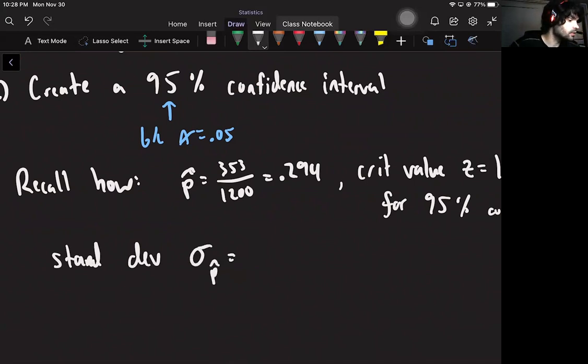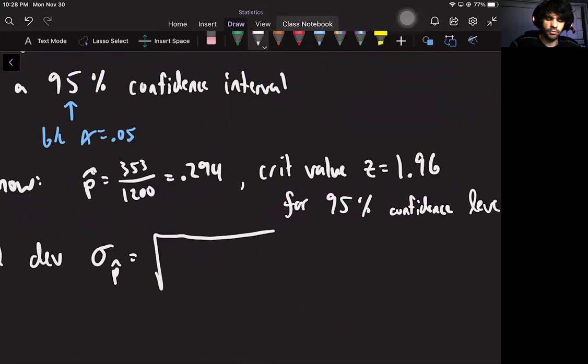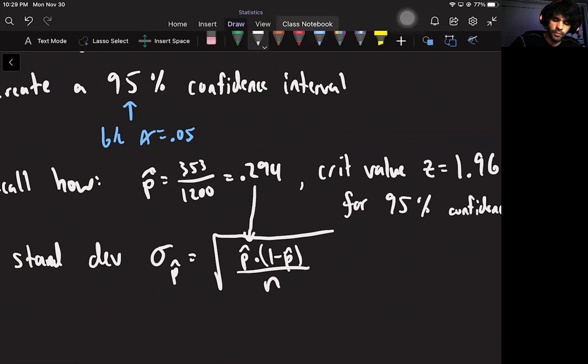Of the sampling distribution. It's a little bit different than before. So when I made confidence intervals before, I used this sample proportion. But remember that I was doing that because in those problems, we didn't know the true proportion.